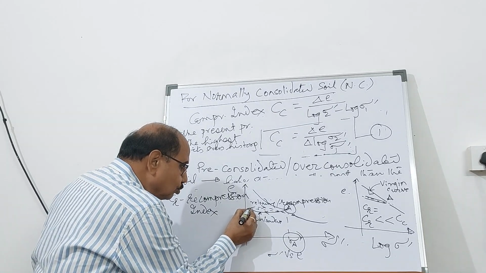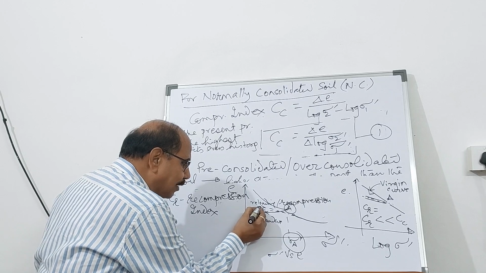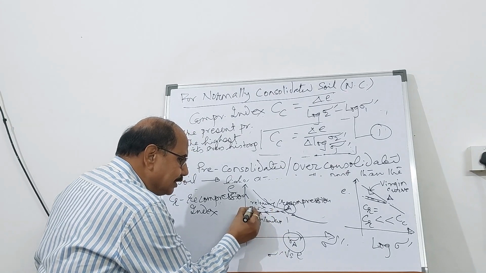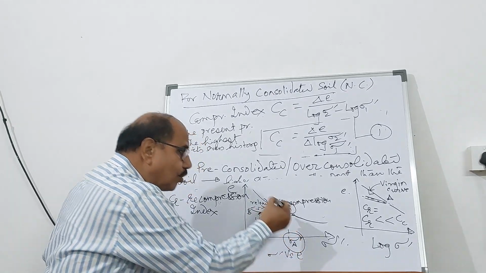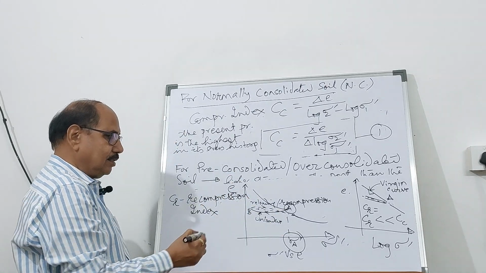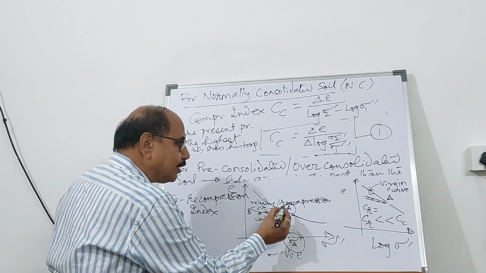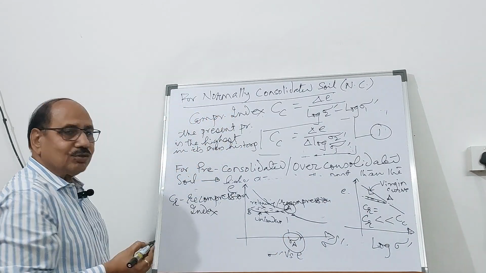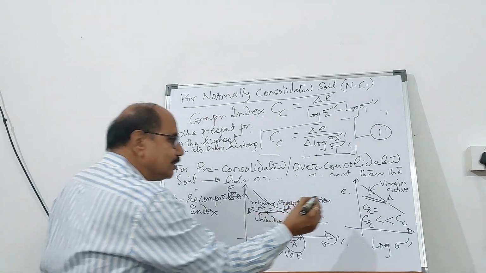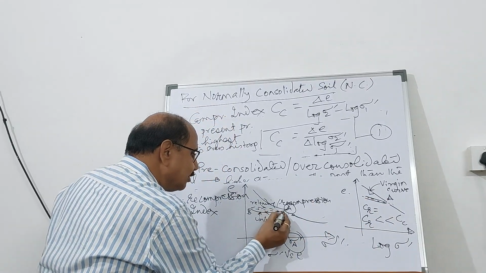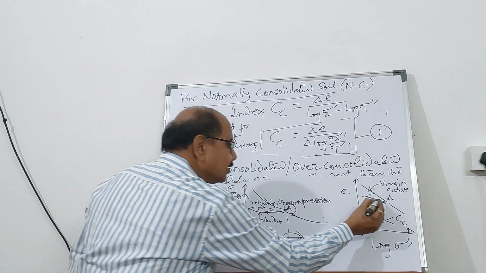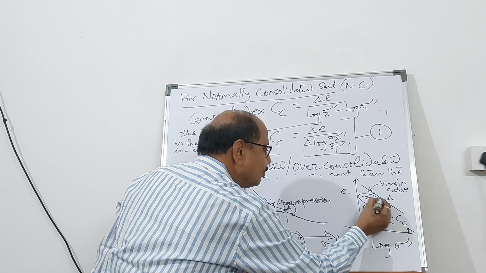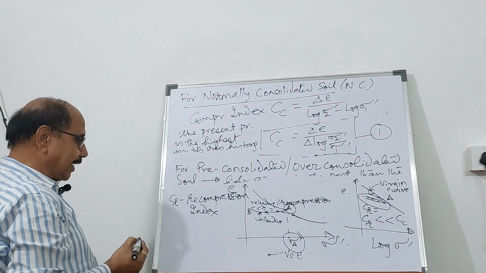Now, the pressure you are applying here is less than the pressure already applied. So when you reload it, it is going to behave like over consolidated soil. This is the part in which it behaves like OC clay.